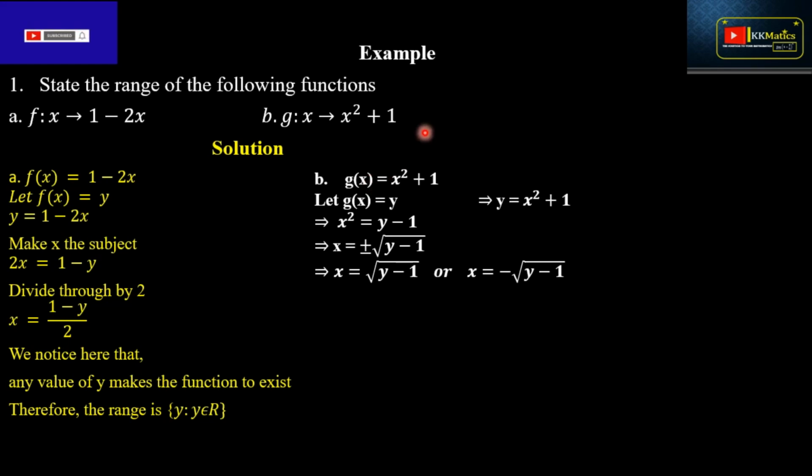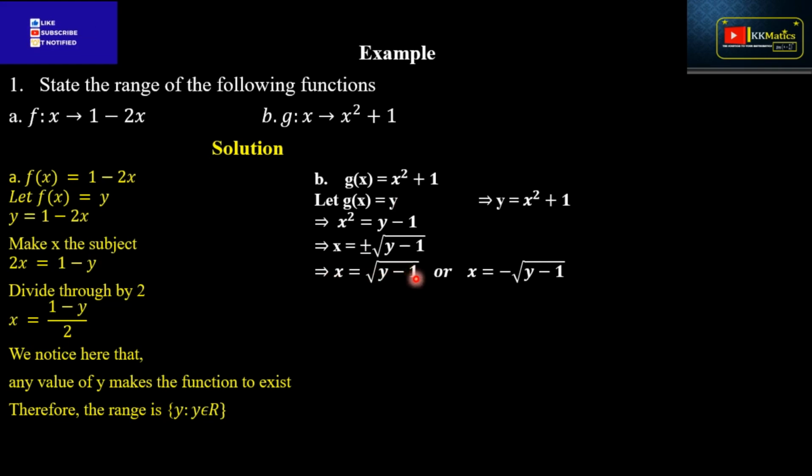That criteria tells us whether the function does not exist or exists. So we use that here: we have x equal to square root of y minus 1.